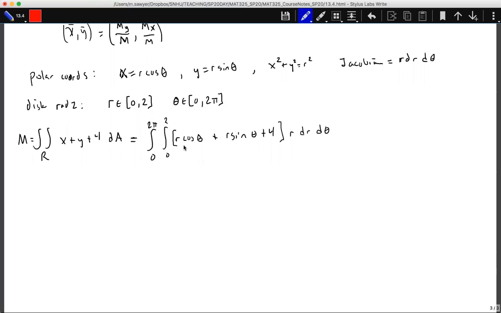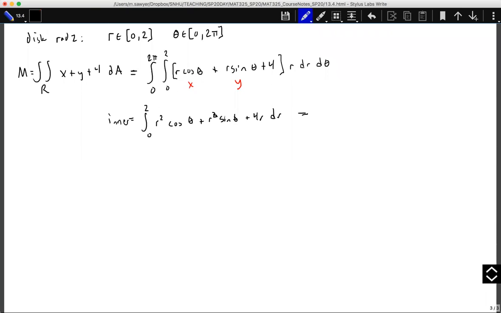So again, this is our x and this is our y that we substitute in. Our inner integral goes from 0 to 2, and distributing through the r, we get r squared cosine theta plus r squared sine theta plus 4r dr. So our inner integral is 1/3 r cubed, factoring out the cosine theta plus the sine theta, plus 2r squared, evaluated from 0 to 2.